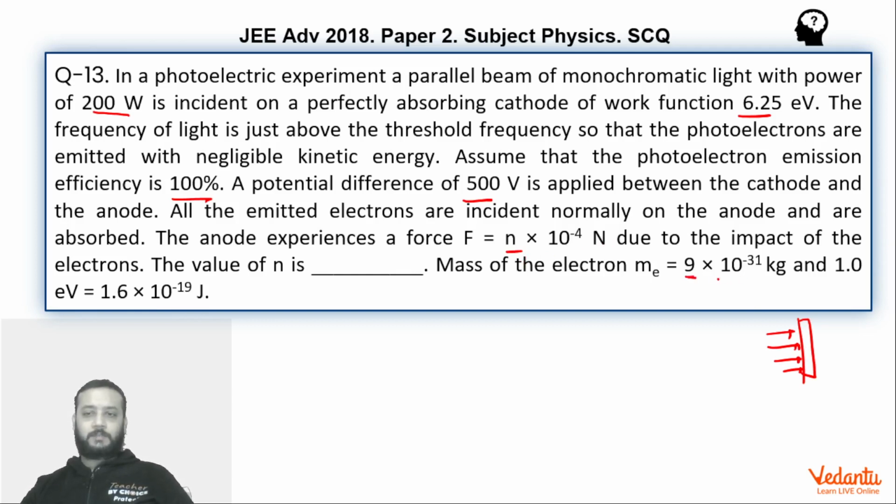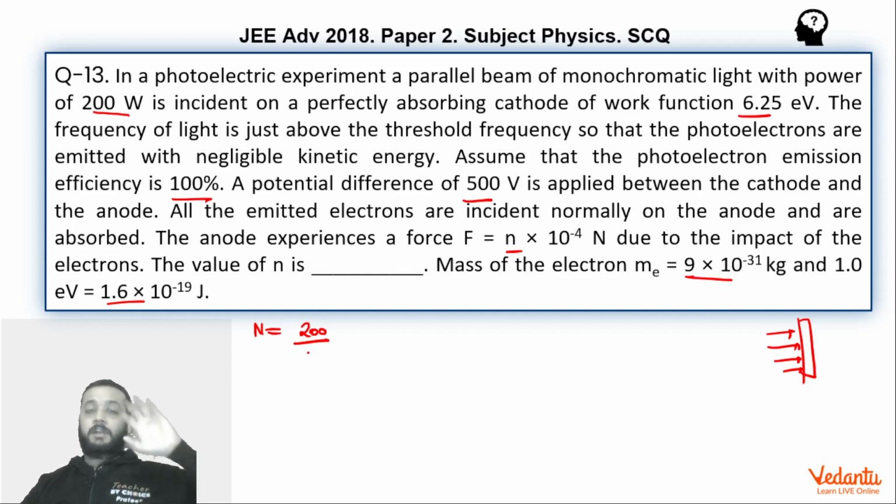Mass of the electron has been given as 9 into 10 to the power minus 31 and 1 electron volt has been given as 1.6 into 10 to the power minus 19 joules. Right. Now, first let's calculate the number of photons. Number of photons will be equals to total power divided by energy of one photon. So we are trying to find the number of photons incident, not emitted.